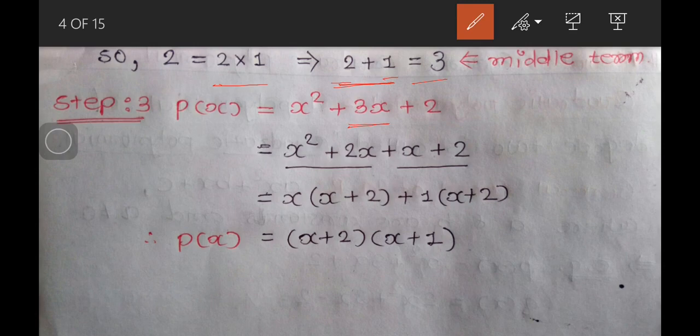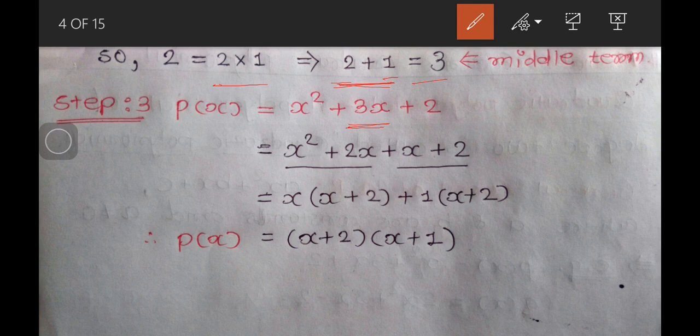Here we will not change the first term and the last constant term, and we put them as they are. But we split the middle term as we got in step number 2. So here we split the middle term as 2x plus x, and 2x plus x is equal to 3x.